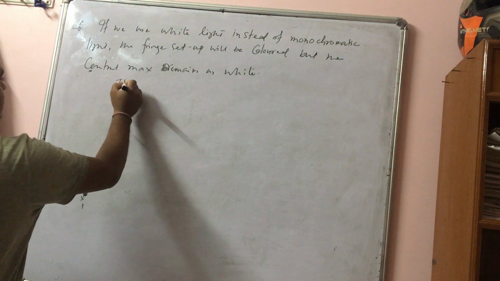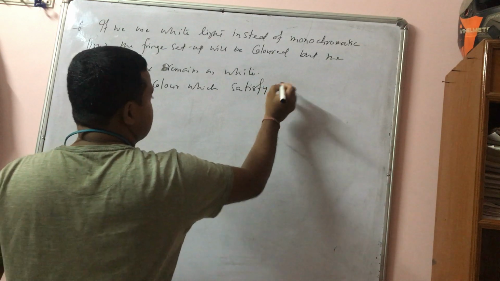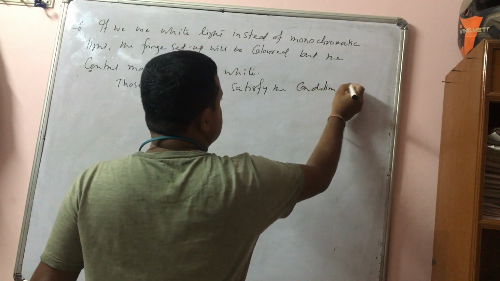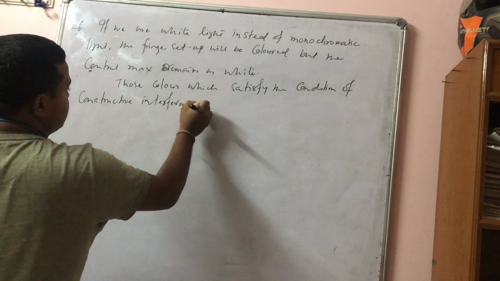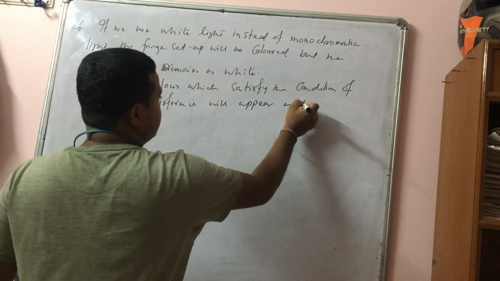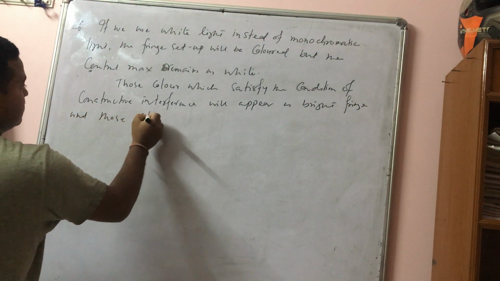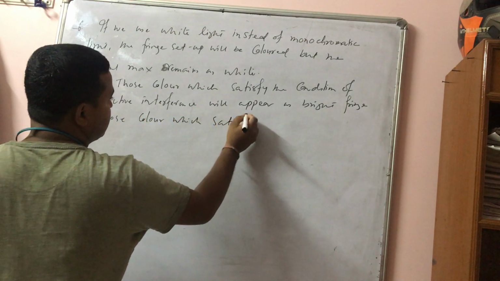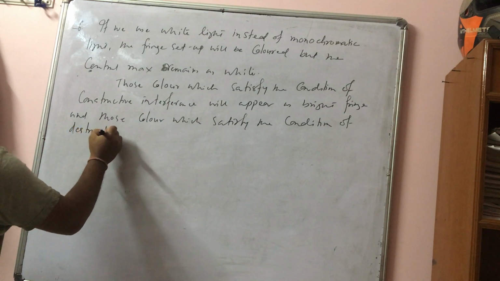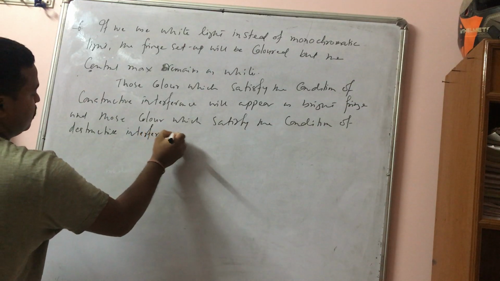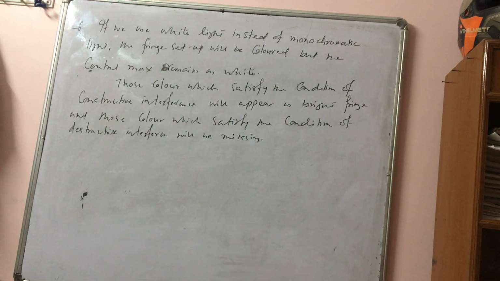Those colors which satisfy the condition of constructive interference will appear as bright fringe, and those colors which satisfy the condition of destructive interference will be missing. So this one you have to just remember this point.